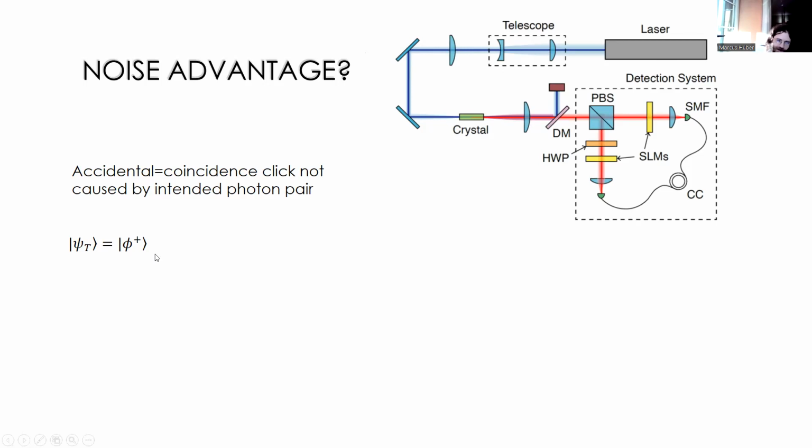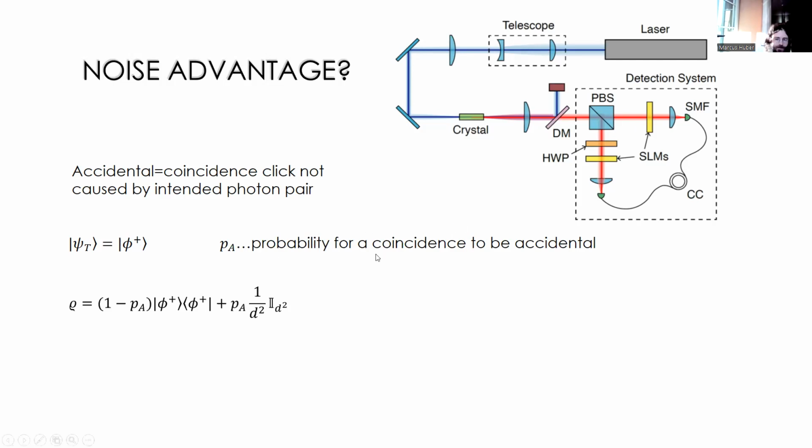The target state would be a maximally entangled state, and then I have detectors and I do the usual, I post-select on coincidences and hope that these coincidences actually stem from the source, from the target state that I wanted to have.